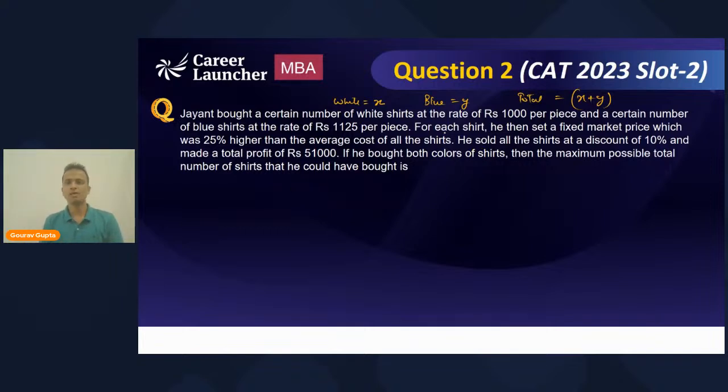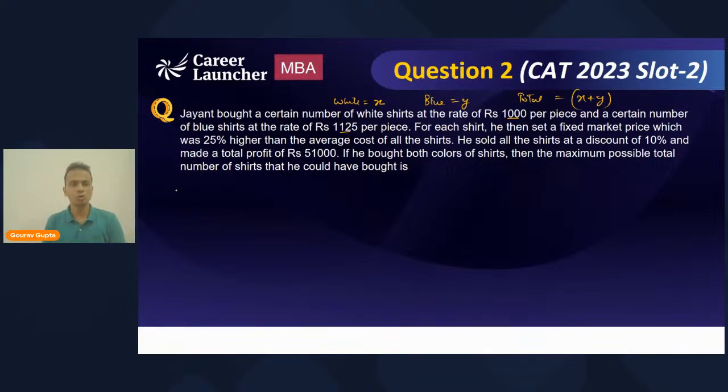Now, for each shirt, he set a fixed market price, which is 25% higher than the average cost of all the shirts. Now, the cost of one white shirt is 1,000 rupees, and the cost of one blue shirt is 1125 rupees.